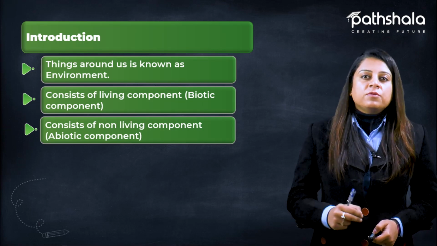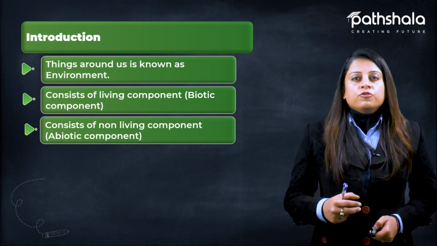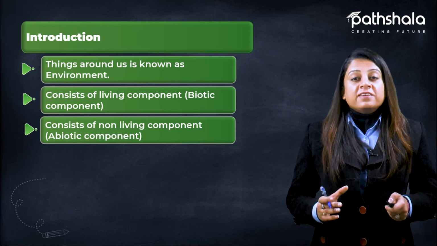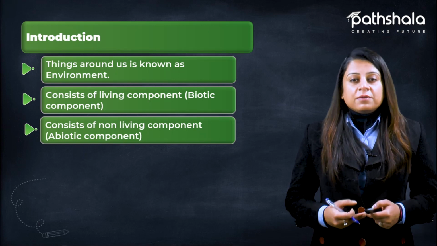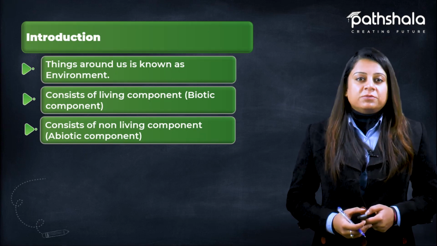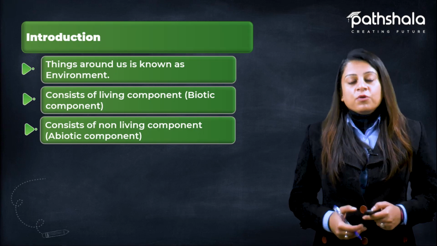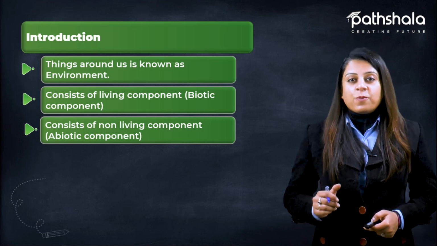हमारे आसपास जितनी भी चीजें हैं, be it plants, animals, microbes, soil, air, water, जो कि सब चीजें आपस में interact करके हमें help करती हैं life को succeed करने में, these all things are termed as environment. Now, talking about the components of environment. Our environment basically consists of two components.